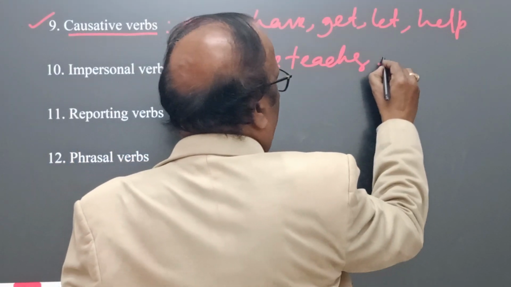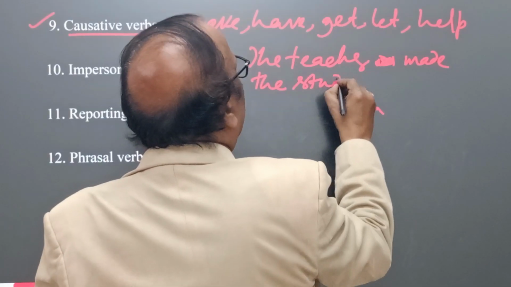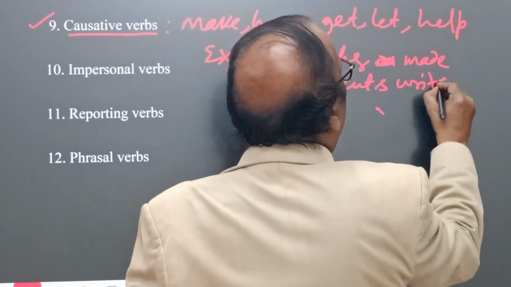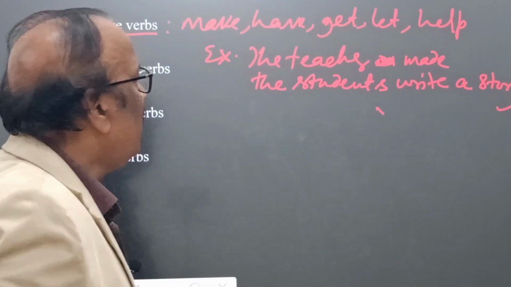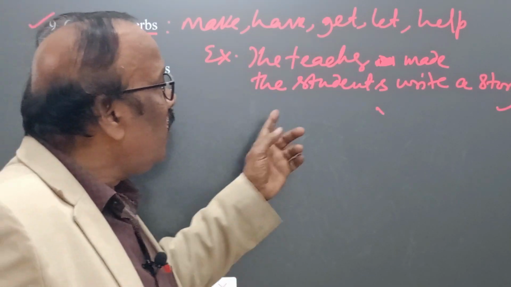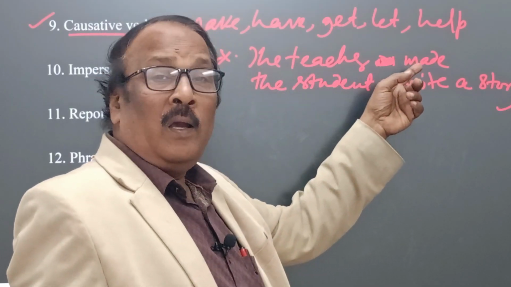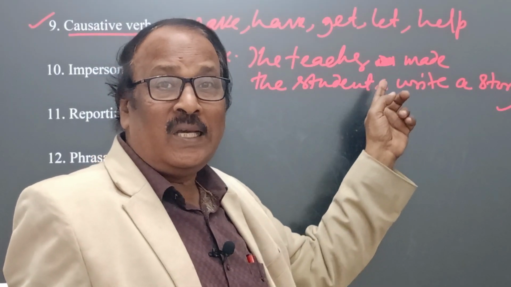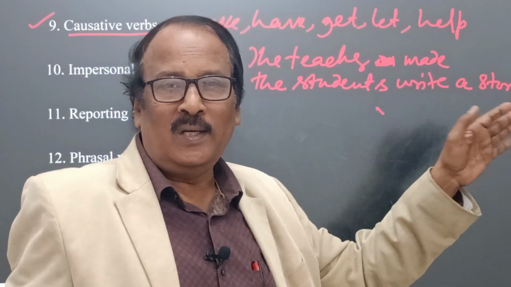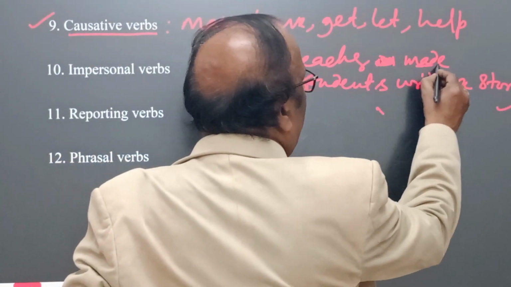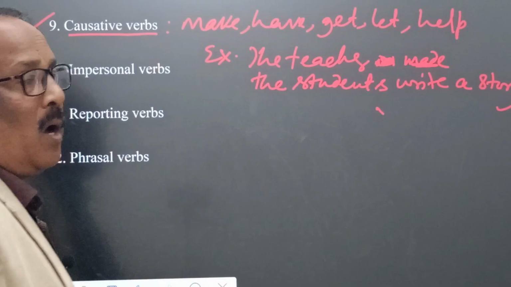The teacher made the students write a story. It means the students wrote a story and the teacher helped the students in writing the story. Here, made is a causative verb.